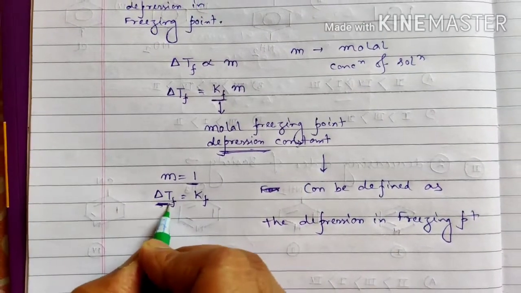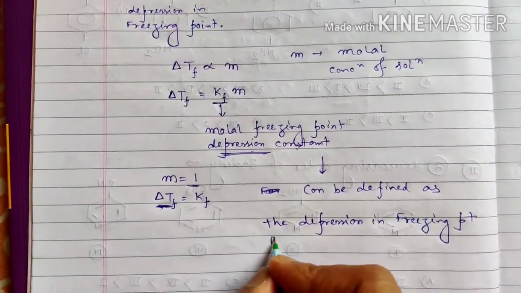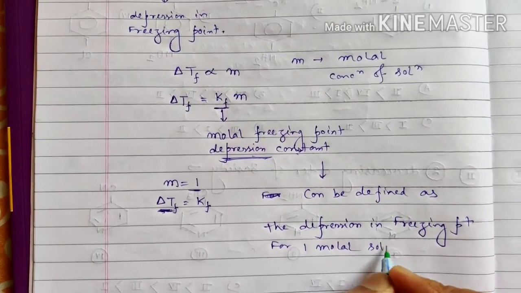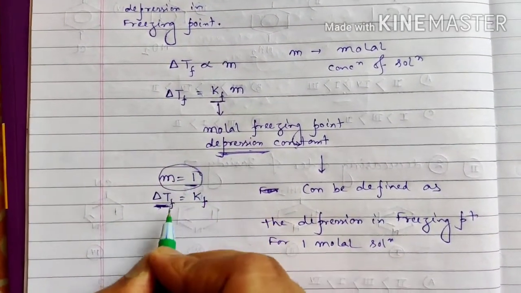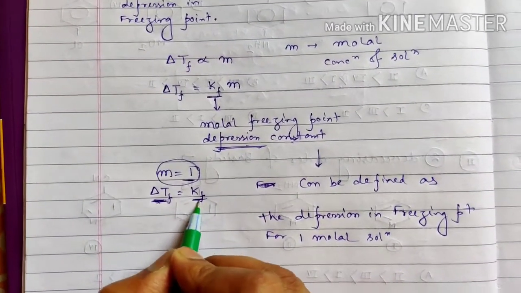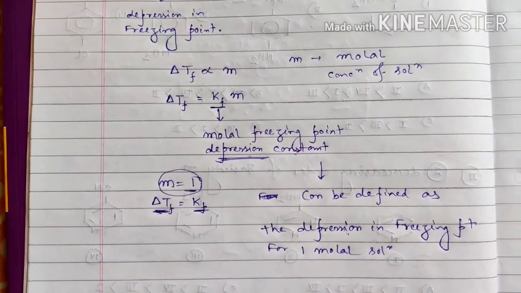You can see it is the depression in freezing point for 1 molar solution. If we consider 1 molar solution, delta Tf will be equal to Kf. So Kf we can define accordingly.